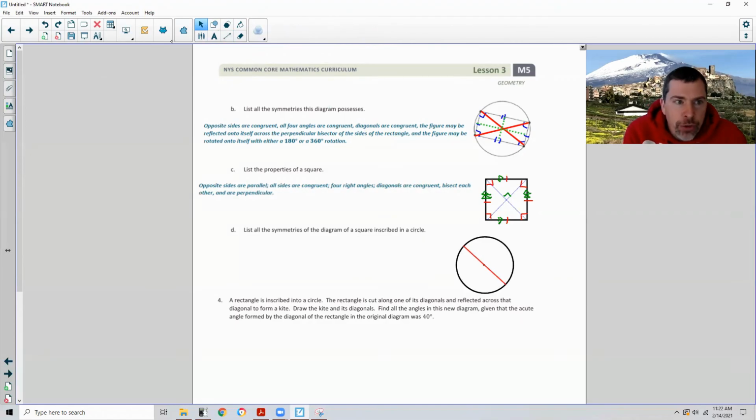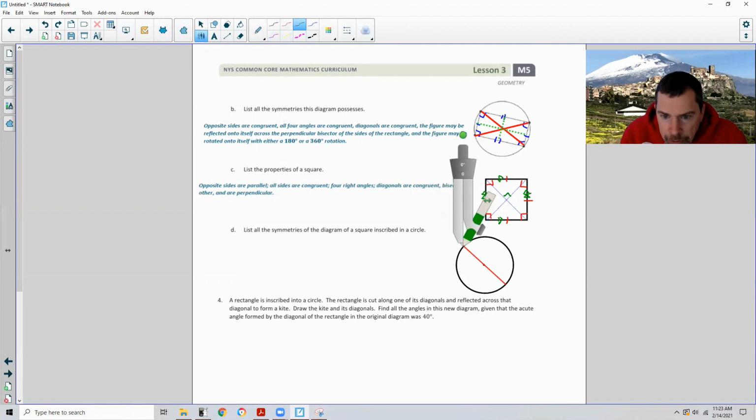Now, if I were to do a perpendicular bisector, I'm just going to do this real quick, and let's make the ink green. If I were to put my compass on this point A, I haven't named them yet, but it would probably be A. Let's open this up beyond halfway, and notice my compass is not on the end.